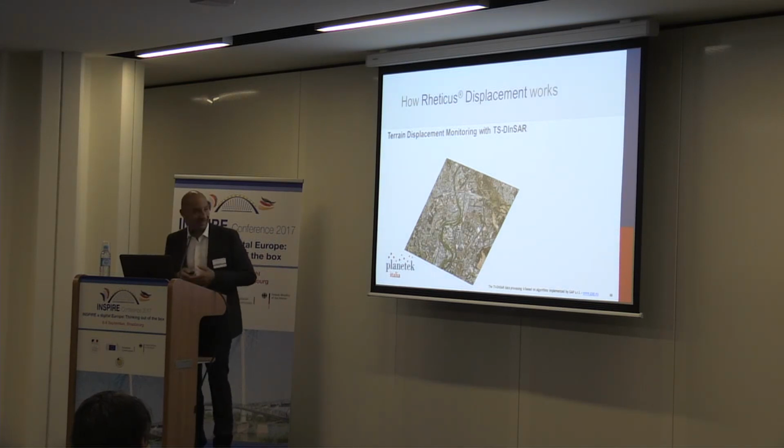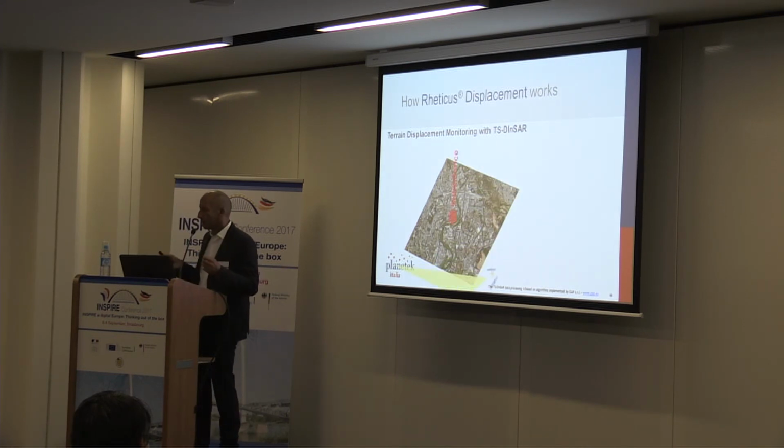interferometric analysis. So, Rheticus can process a large number of satellite data. You know, Copernicus with the Sentinel mission can acquire the same zone every 6 days. And so we can have a large number of satellite images on the same area.